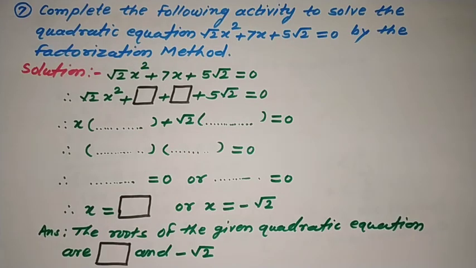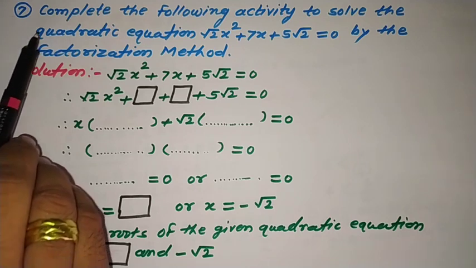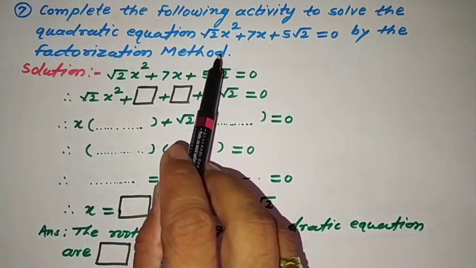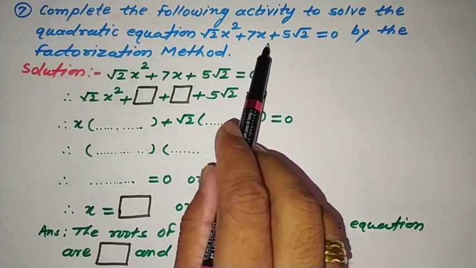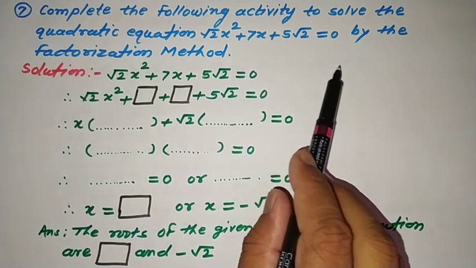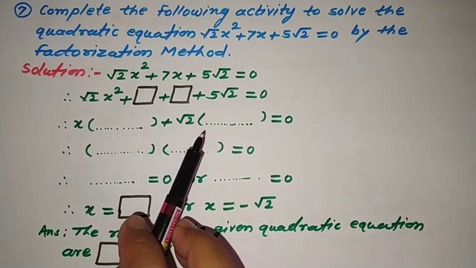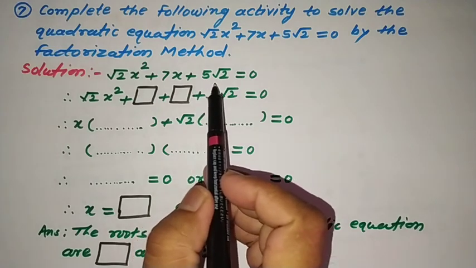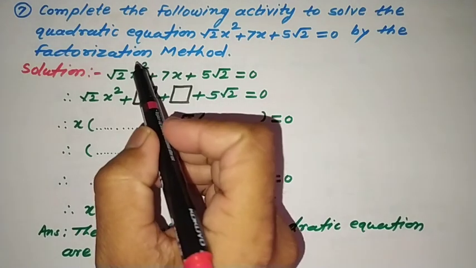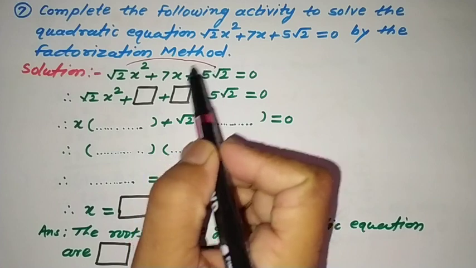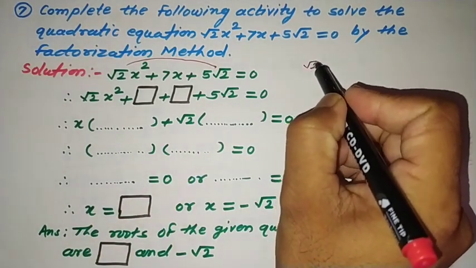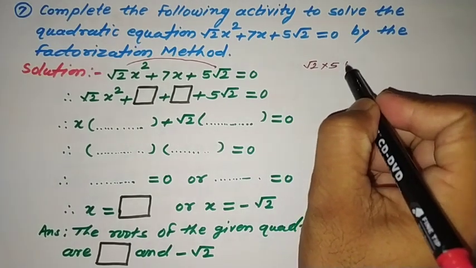See the example below in problem set 2.2, example number 7. Complete the following activity to solve the quadratic equation root 2 x square plus 7x plus 5 root 2 is equal to 0 by the factorization method. Solution: root 2 x square plus 7x plus 5 root 2. Multiply the coefficient of x square and the constant: root 2 into 5 root 2.